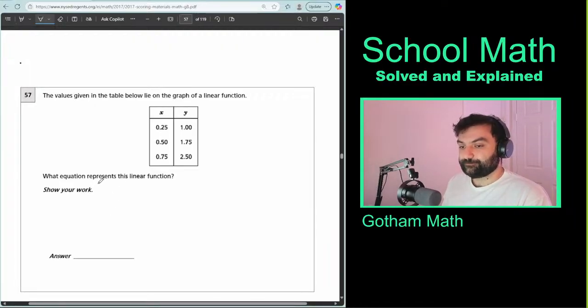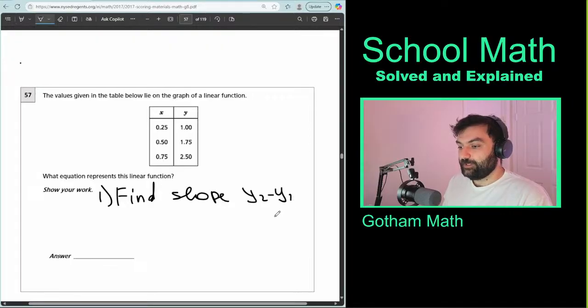So, step 1: find slope. Slope can be found by the slope formula, which is y2 minus y1 over x2 minus x1. Where do you get them? You get them here.